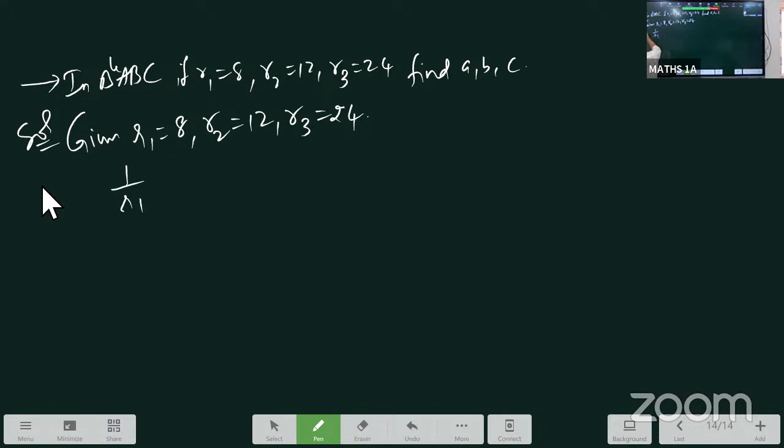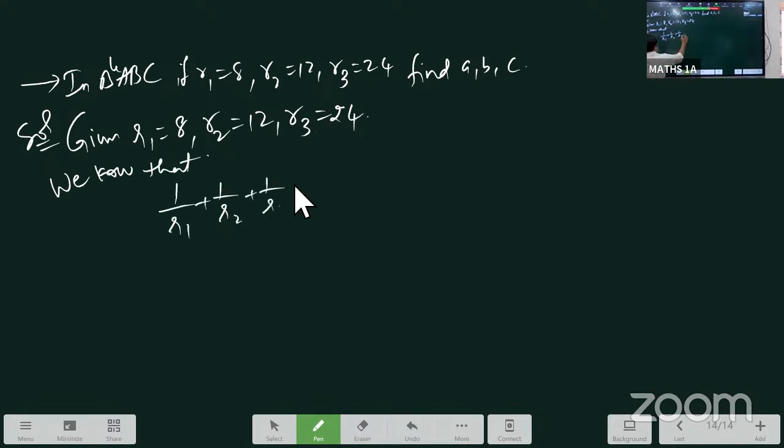Now we know that 1 by R1 plus 1 by R2 plus 1 by R3 is equal to 1 by r. That is 1 by 8 plus 1 by 12 plus 1 by 24, that is 1 by r.